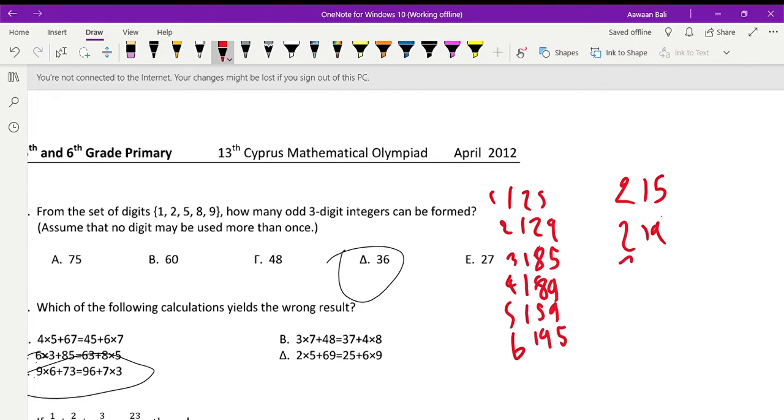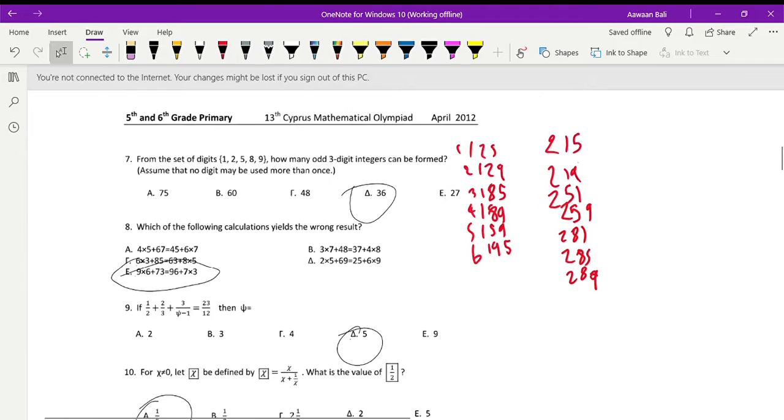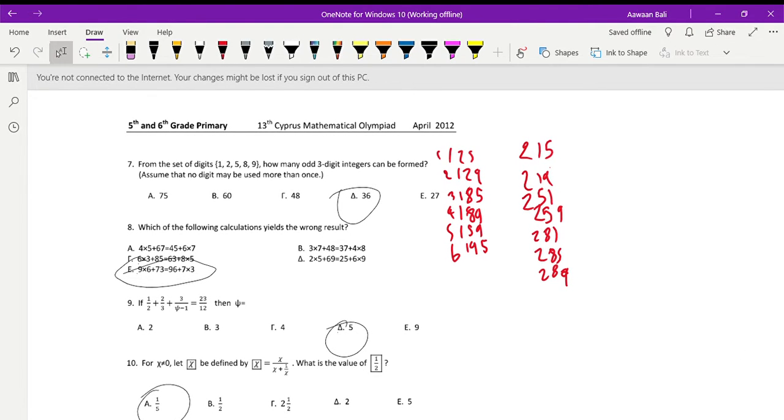And then we have 2, 5, 1; 2, 5, 9. Then we have 2, 8, 1; 2, 8, 5; 2, 8, 9. And then finally, we would have 2, 9, 1 and 2, 9, 5.